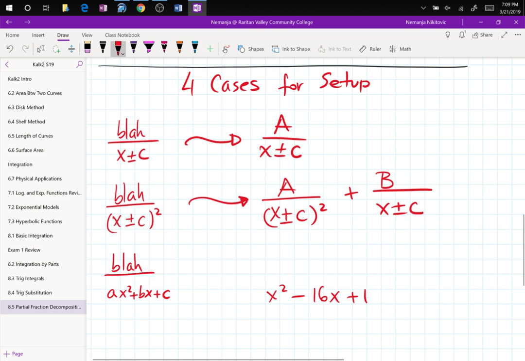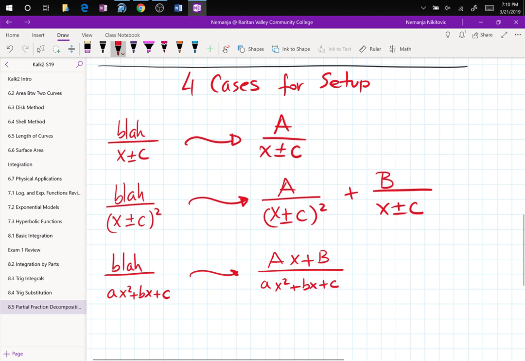You cannot factor this. This is prime. x squared plus 1, that's prime. You can't factor it. Yes, you can factor it with complex numbers, but this is not involving the complex realm at all. So you have an unfactorable quadratic. It's prime, and the setup for that is ax plus b divided by that prime trinomial.